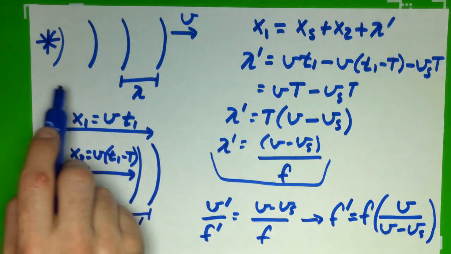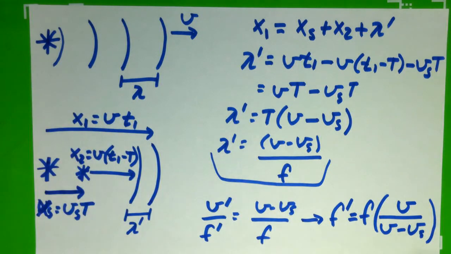Had I done it the other way, where the source was receding from the observer, we would have gotten a plus sign here. So we can leave that as a minus sign and just note that if the source is receding from the observer, we plug into this value a negative number, and so we have an algebraic minus sign and a negative value, which gives us an overall positive.